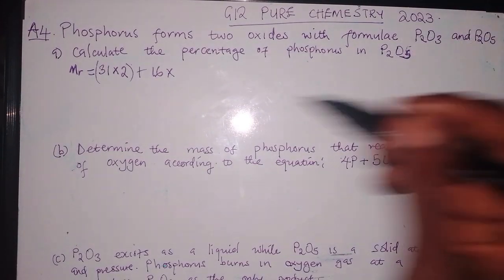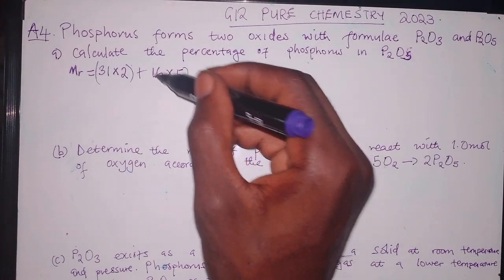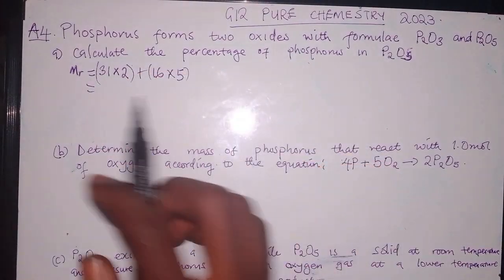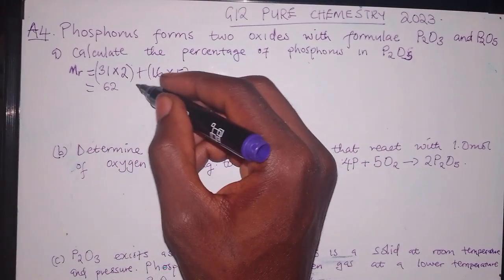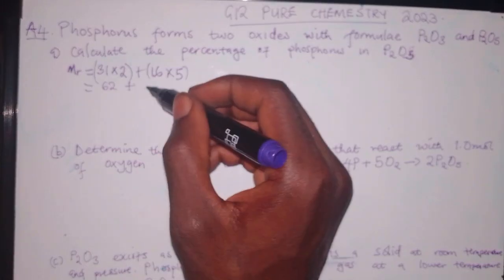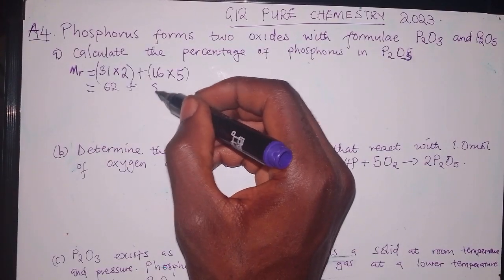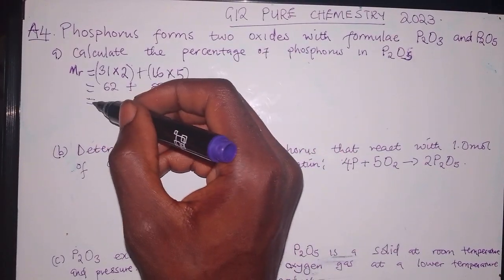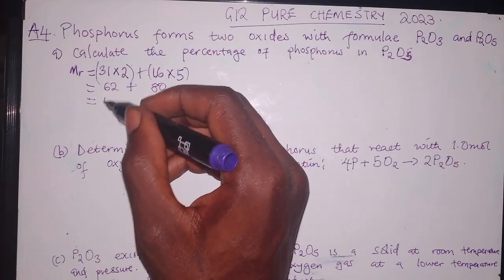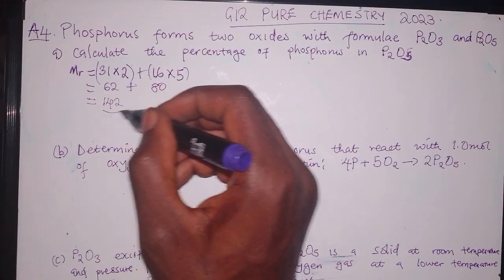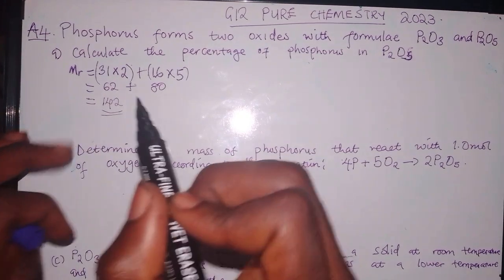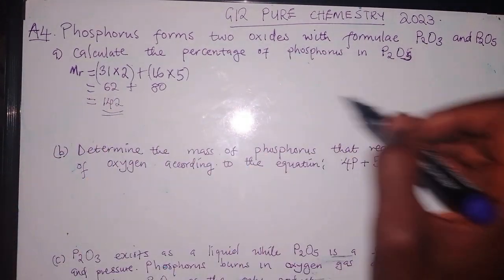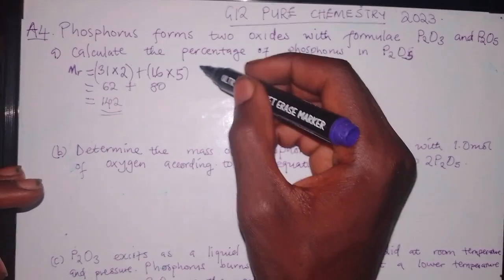So 31 times 2 gives 62, plus 16 times 5 gives 80. If you add, you find the answer to be 142.